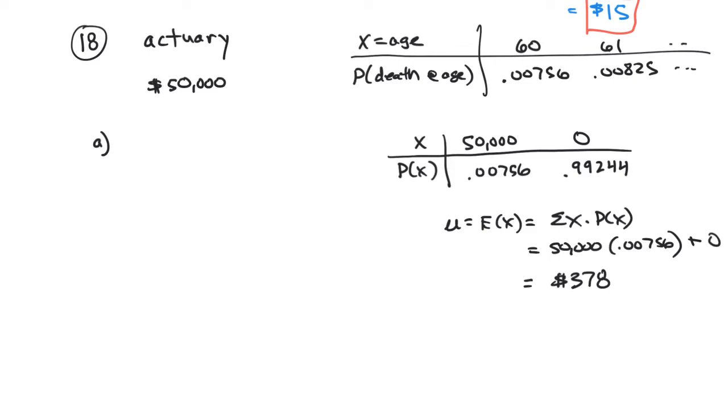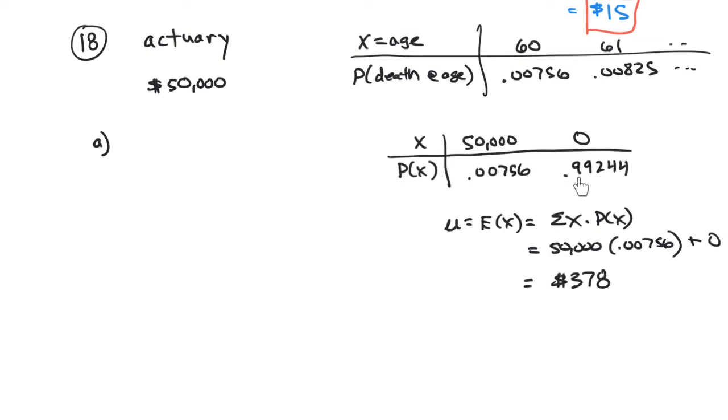So what this means is, if the insurance company does this over and over and over, so let's say they have thousands of clients just like her with the same probability of death and the same payout. So at the end of the year, most of these clients are going to get no money, right?